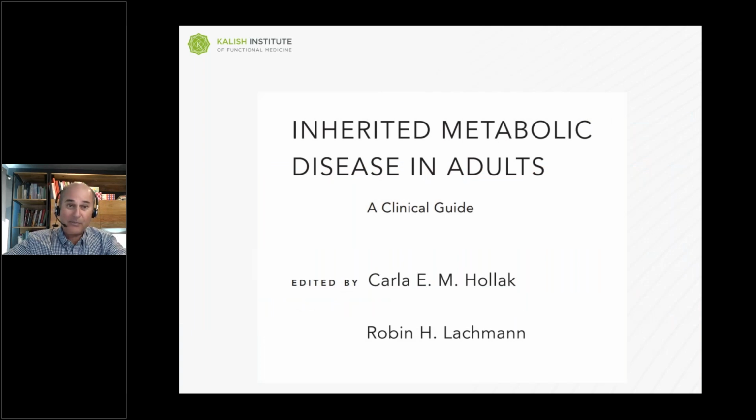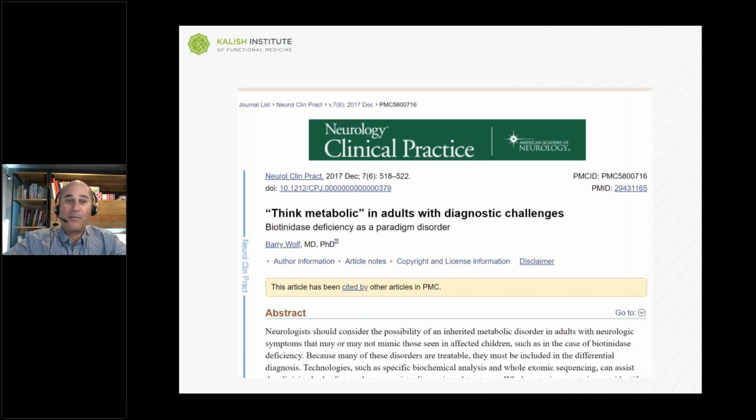There's a book that's been written about this, the first of its kind. If you want, you can go out and buy this book. I did. I think it's fascinating. But from a practical standpoint, we want to think about the concept. And here's an article from Neurology Clinical Practice. These are what we call mainstream scientific journals. This is not alternative medicine people at all.